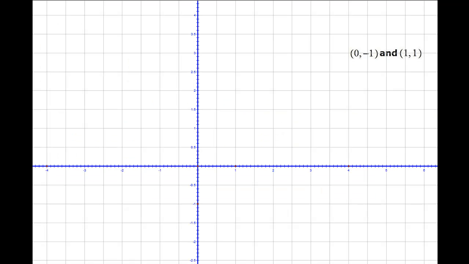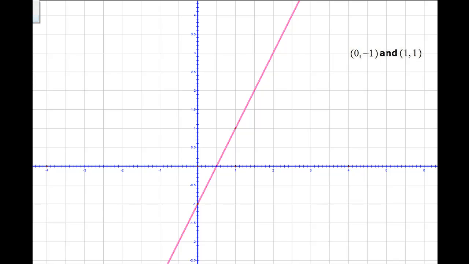Now we are going to plot these 2 points on the graph of the first equation to obtain the graph of the first equation. So let's do that. Here we have our first line.